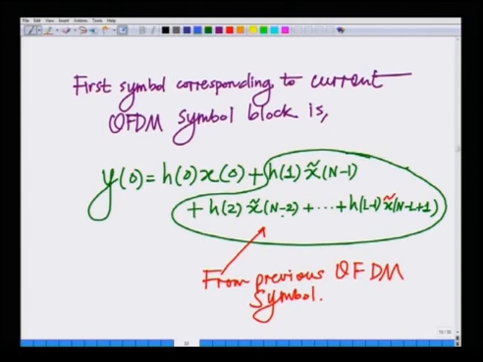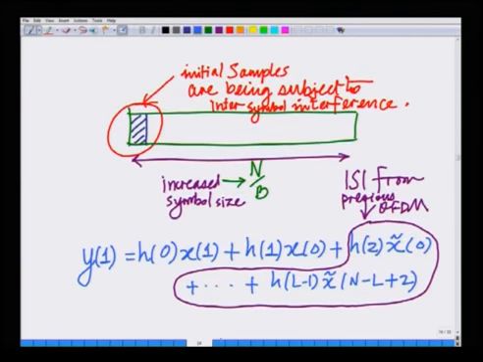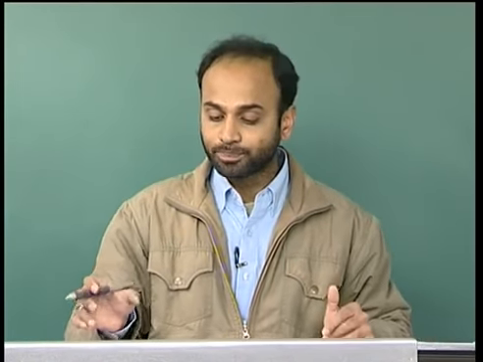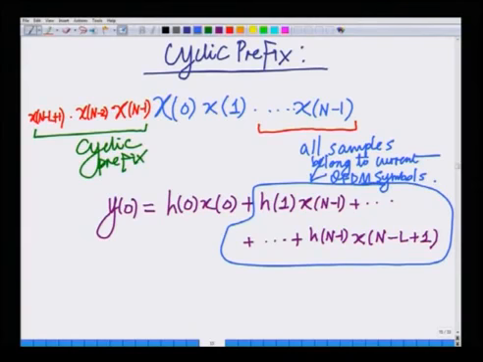To avoid this problem, we said we are going to use what is known as a cyclic prefix. We take the trailing set of samples from the OFDM symbol, which consists of n samples, 0 to n minus 1, and prefix them in front of the OFDM symbol.